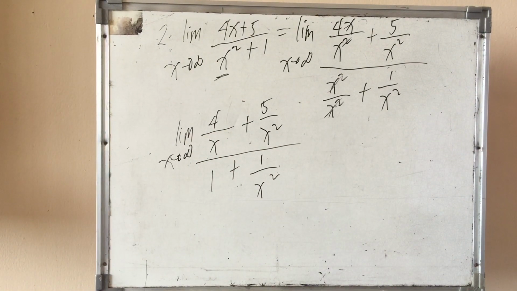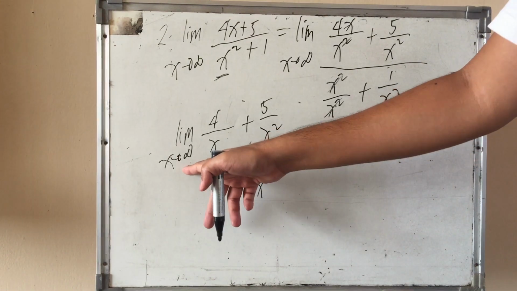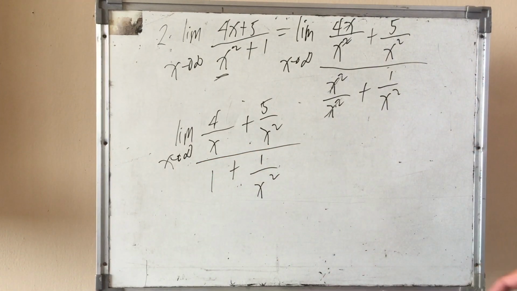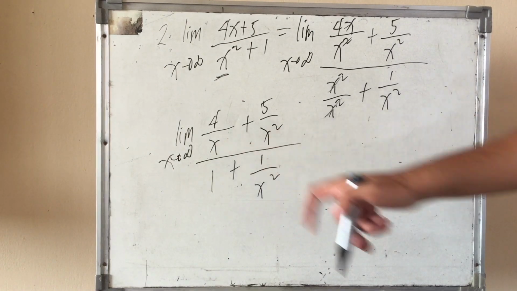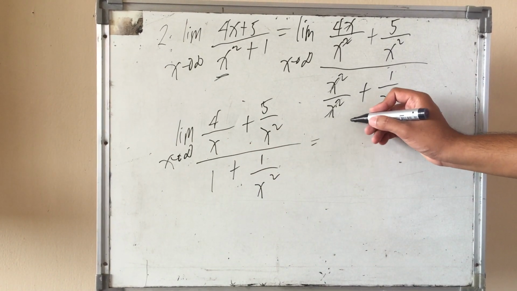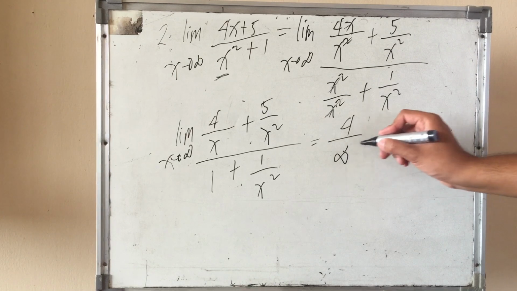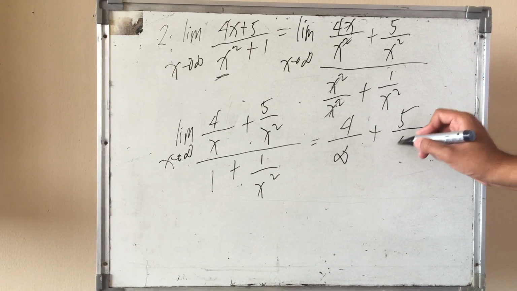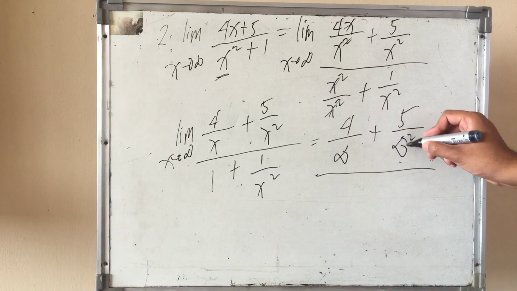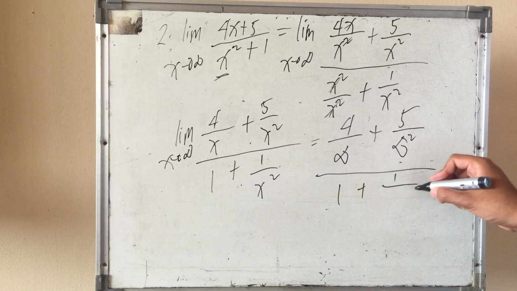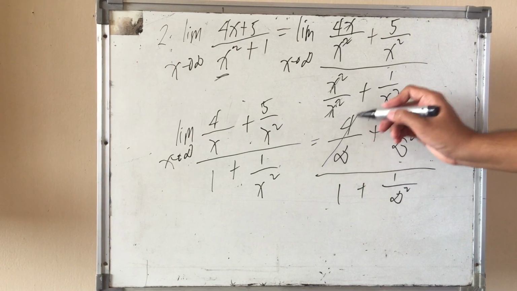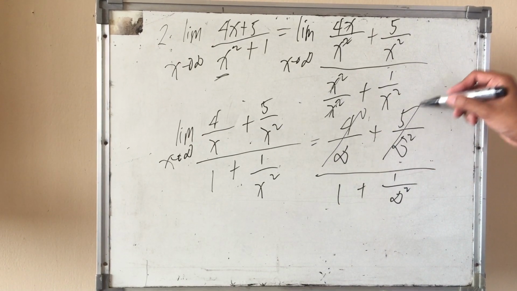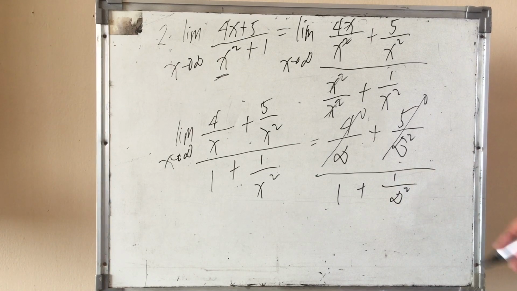After that, we can find the limit as x approaches infinity by simply substituting infinity for all the x's. So this is equal to 4 over infinity plus 5 over infinity squared, divided by 1 plus 1 over infinity squared. 4 over infinity is 0, 5 over infinity squared is 0, and 1 over infinity squared is 0.